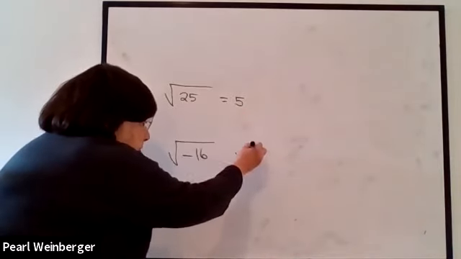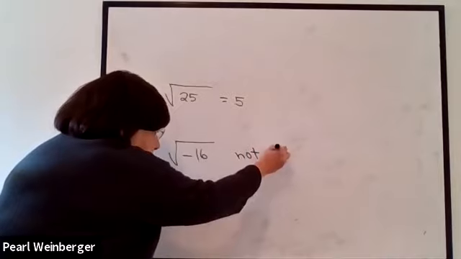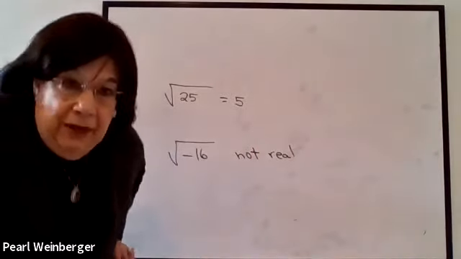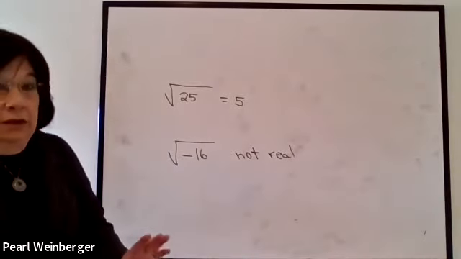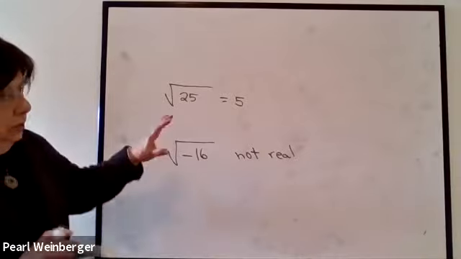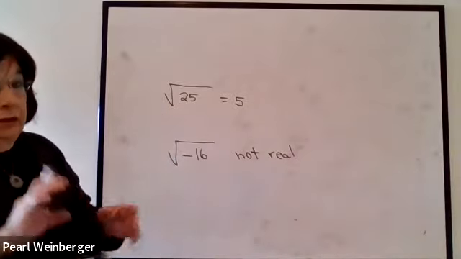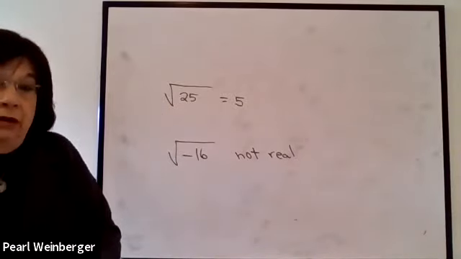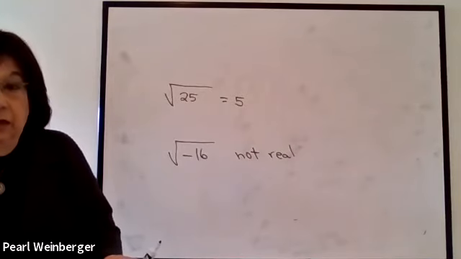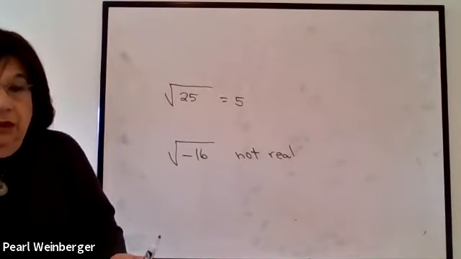This is what we call not real. It's not a number that we use on a daily basis. There are numbers that are called imaginary numbers, but we have to say right at the beginning that what we're going to be doing is dealing with real numbers.